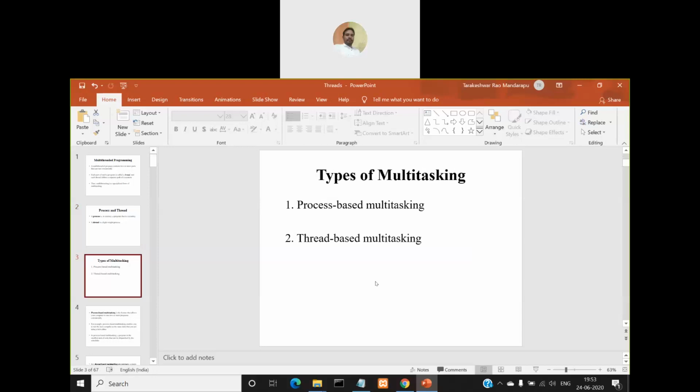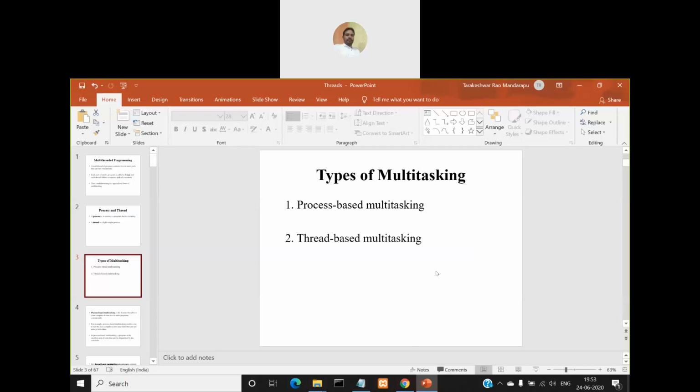Then coming to the types of multitasking, we were using the term multitasking earlier in the first slide. Multithreaded programming and multithreading both mean the same. What does multithreaded programming mean? It is one type of multitasking. There are two types of multitasking. One is process-based multitasking. The other one is thread-based multitasking.